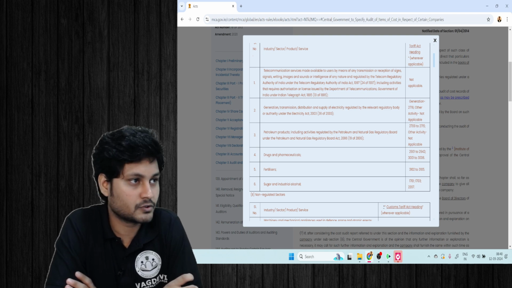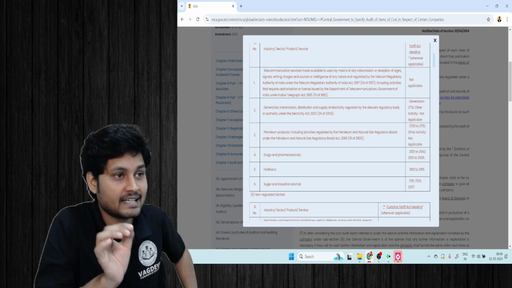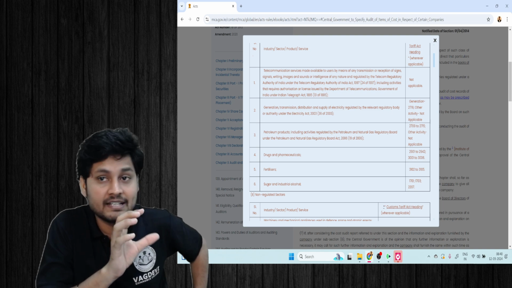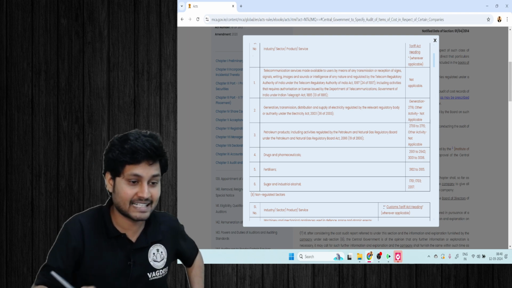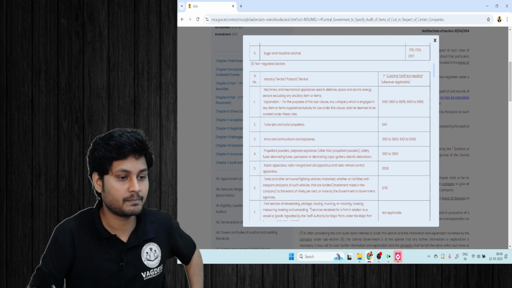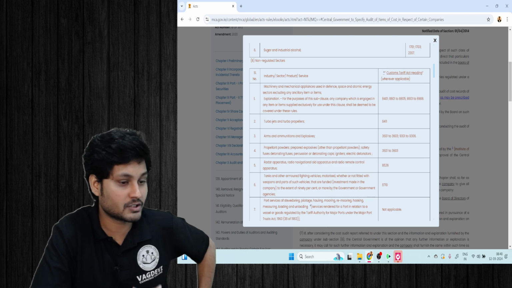Part A of the table talks about regulated sectors. How many are there? 6. When it comes to part B, what is the heading of part B? Non-regulated sectors.